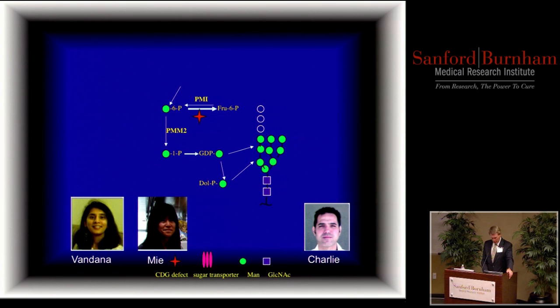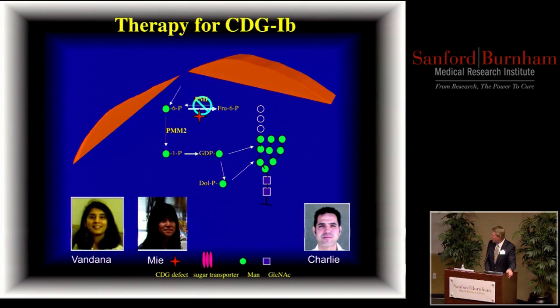As it turns out, he was deficient in this enzyme right here, phosphomannose isomerase. He was not a null, he was just deficient. So the therapy consisted of giving mannose, which was able to bypass that particular block.